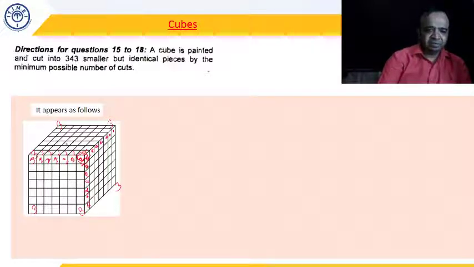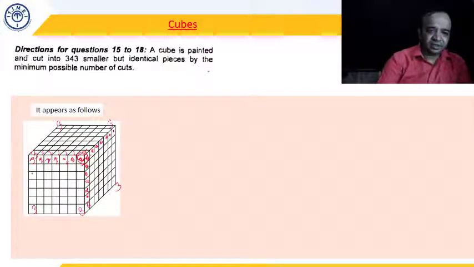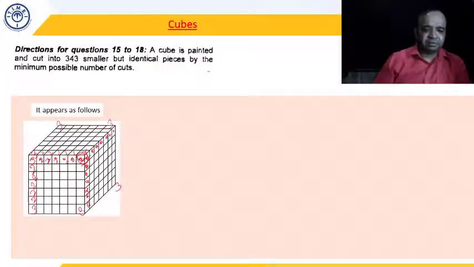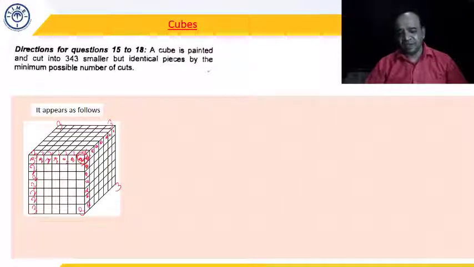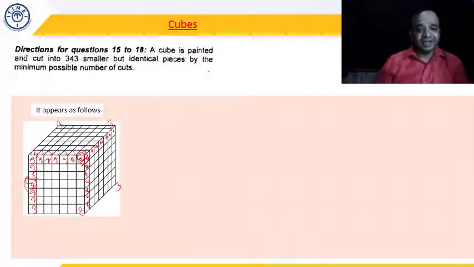Can I say these pieces are lying on the edges? So 2 face painted pieces are lying on the edges. Out of those 7 pieces on each of the dimensions, since 2 vertex pieces are removed, the remaining number of pieces available at the edges will be how much? 5. So 5 pieces are along each of the edges.